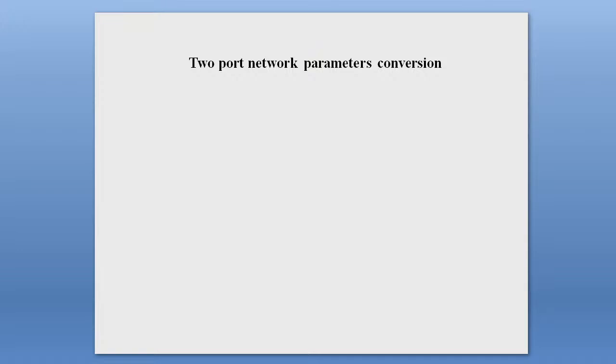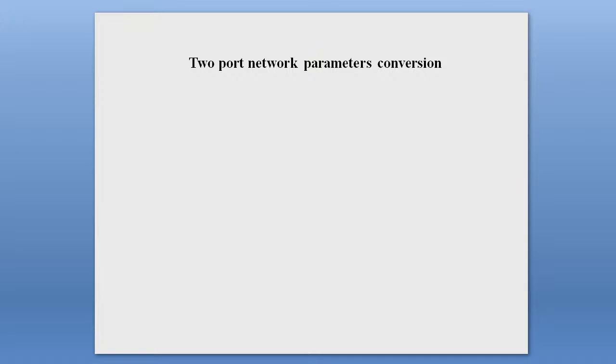You can calculate the values of Z parameters for a two-port network. There are total four Z parameters: Z11, Z12, Z21, and Z22. In last class we have derived the expression of these parameters.